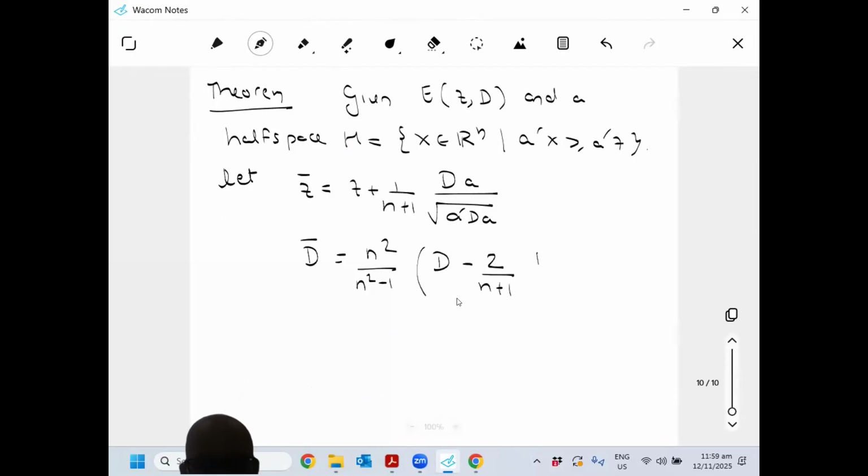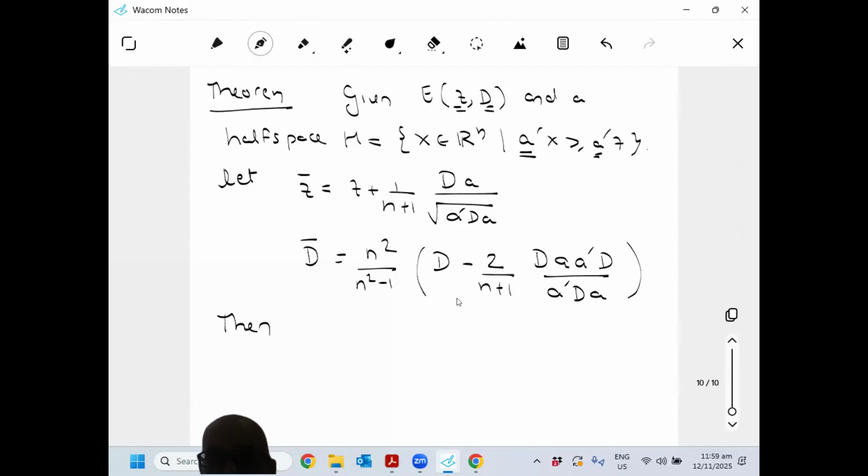What is important here is that the precise formula is not important. I mean, it's important definitely, but not for us. What is important is to see that the new center is defined by the old center and the half space. So z, D, and a, which defines a half space, define a new center and a new matrix.